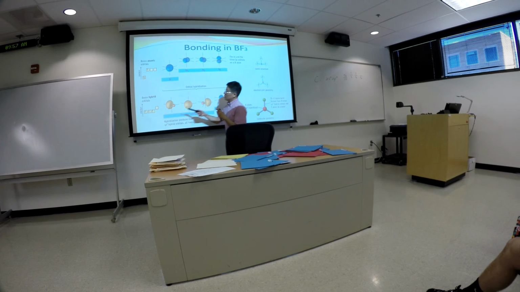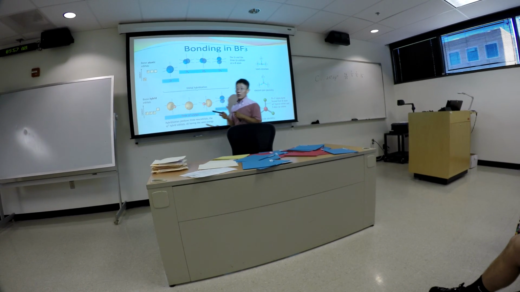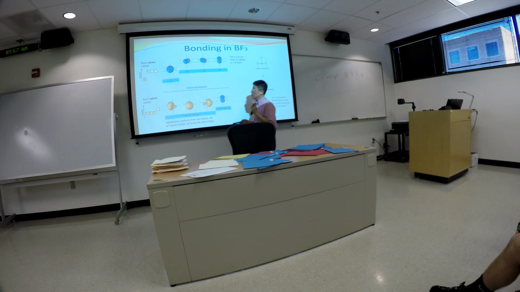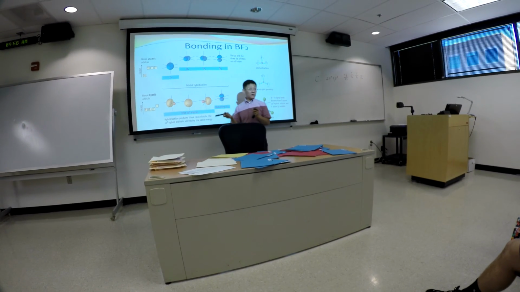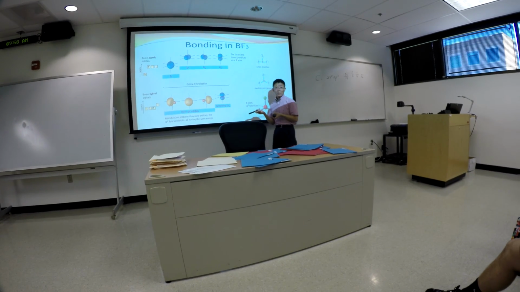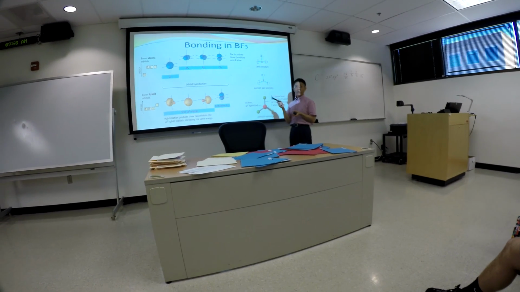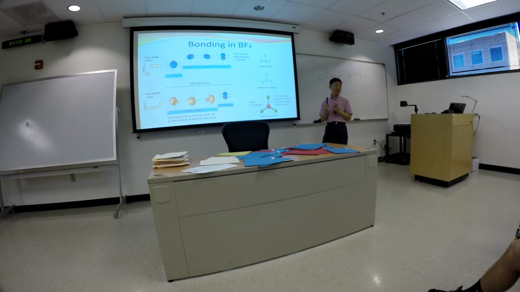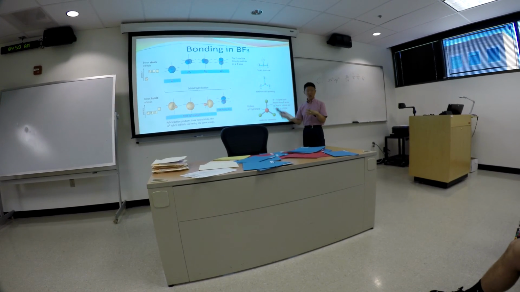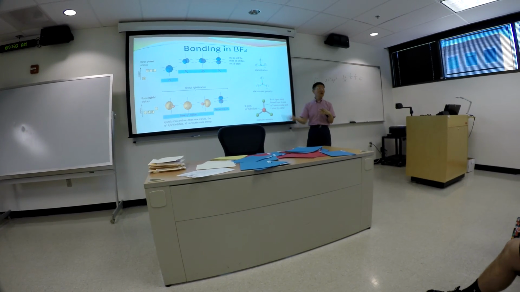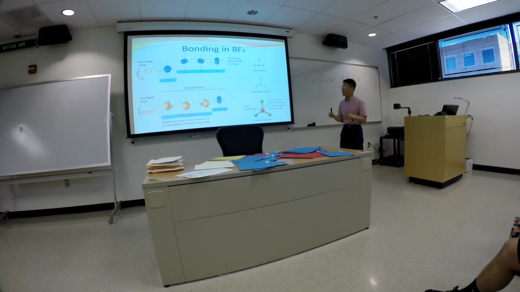Now, we put 1 electron in each of those hybrid orbitals. Now notice that there is a p orbital that's not hybridized, that's not being used. That p orbital is used for forming the pi bond. Okay, so the hybridized orbitals are responsible for forming the sigma bond. The unhybridized p orbital is used to form the pi bond there.